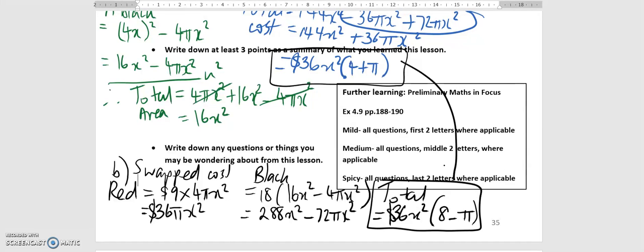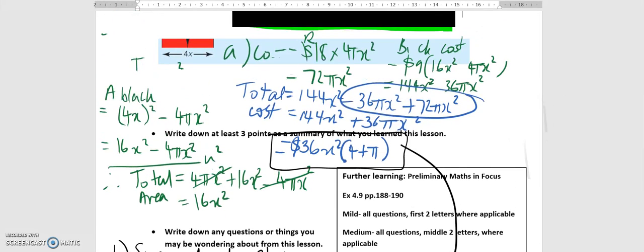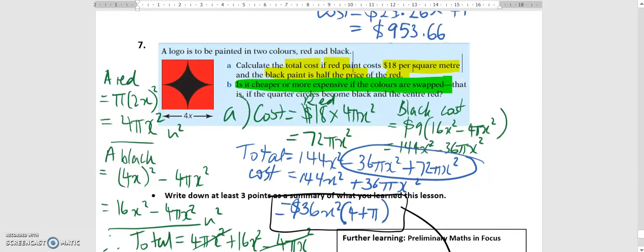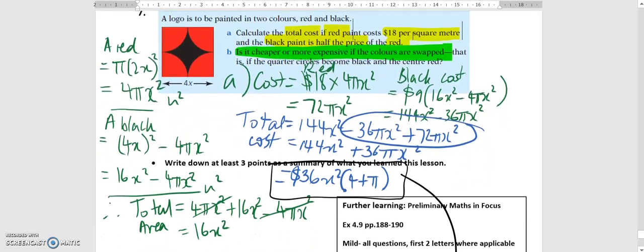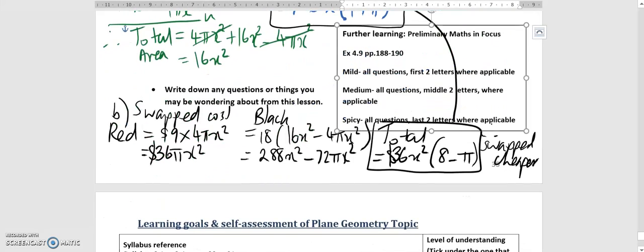No, so I think that therefore the swapped costs are cheaper. Okay, so you need to tidy this up in your book and write down a clear explanation. So it's cheaper if the colors are swapped. Okay, so therefore it's cheaper if the colors are swapped.